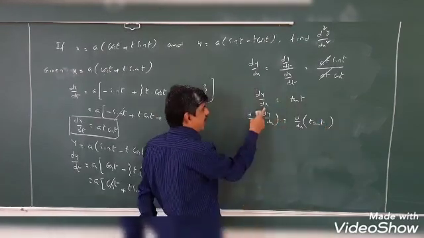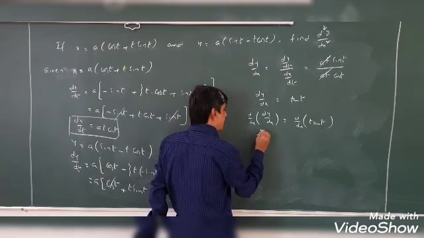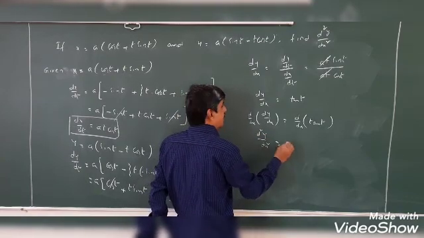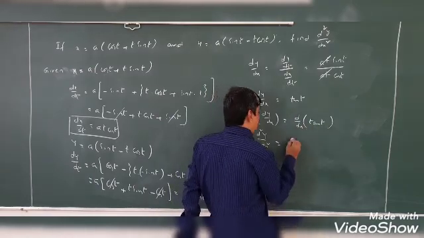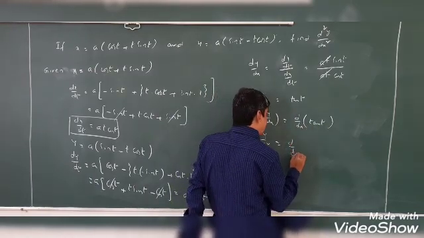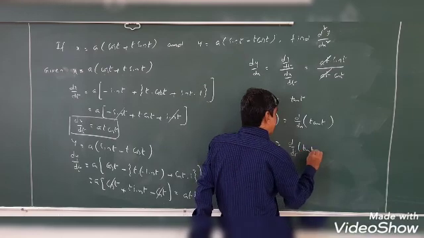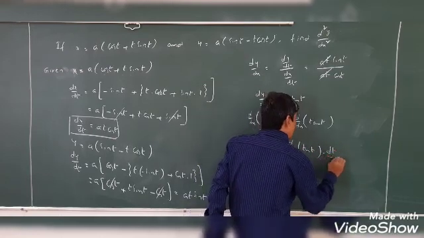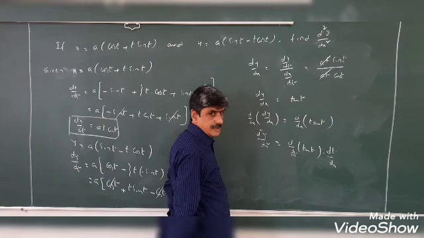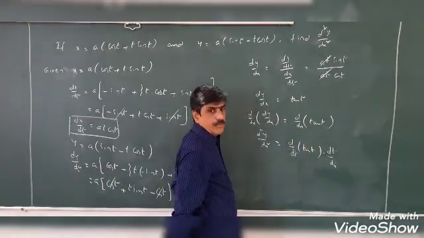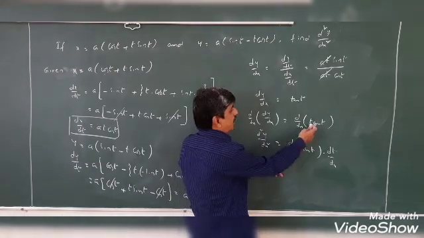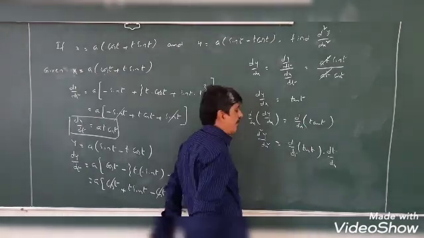So d by dx of dy by dx, we will write it as d square y by dx square. Then d by dx of tan t, I am going to write as d by dt of tan t into dt by dx. Because here this is in terms of t variable only, so we want to differentiate this in terms of t variable only.